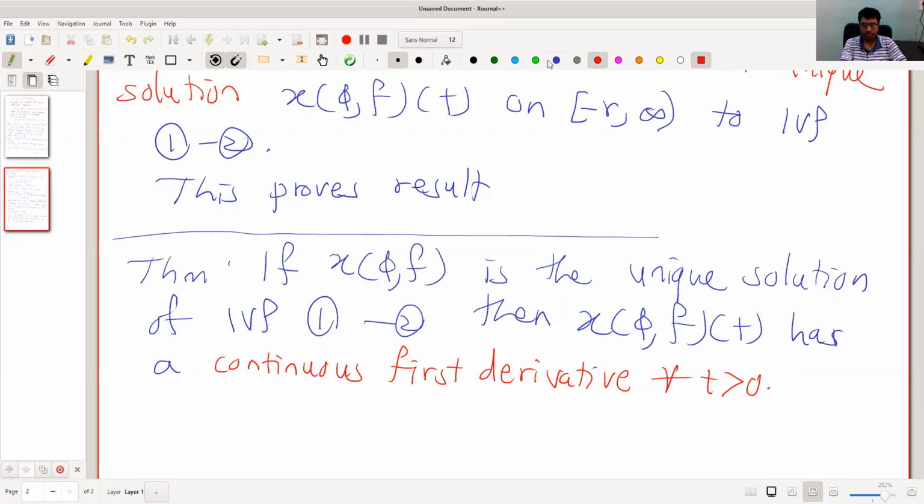That means this solution is a continuously differentiable function for t greater than 0. We also call this class as C1 functions. That is, this x is a C1 function on 0 to infinity.